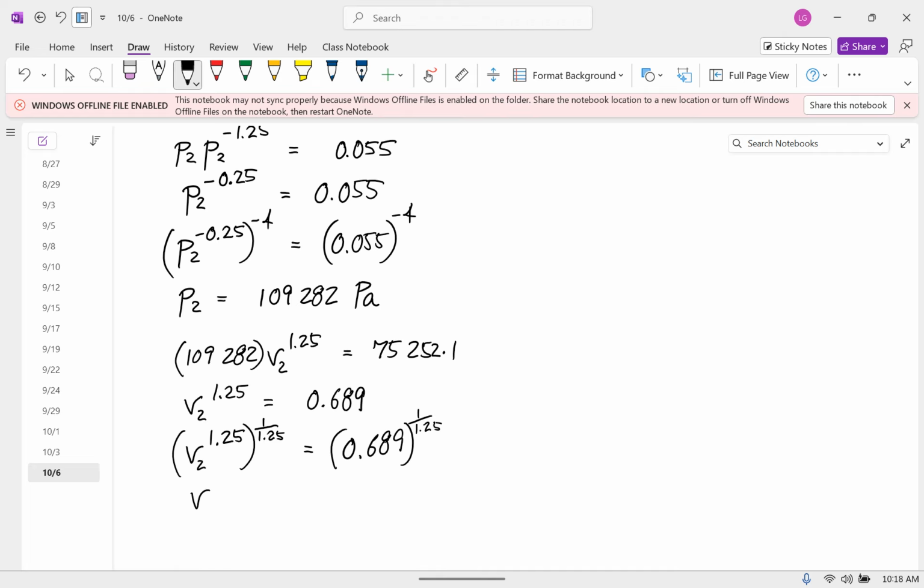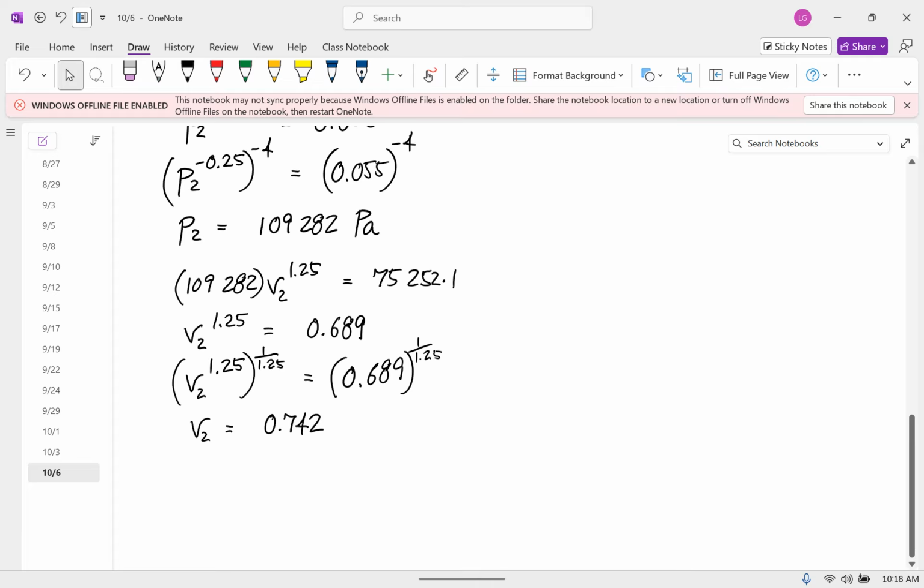And so you get little v2 is equal to 0.742 multiplied by the mass, and you get that the true volume at state 2 is 0.297 cubic meters.